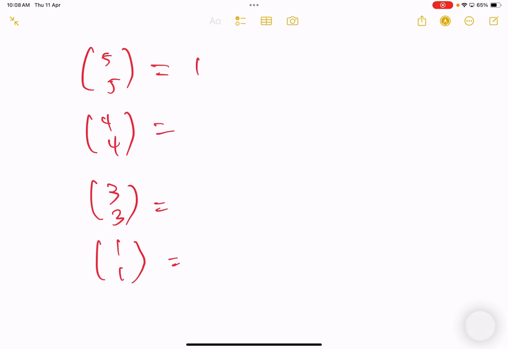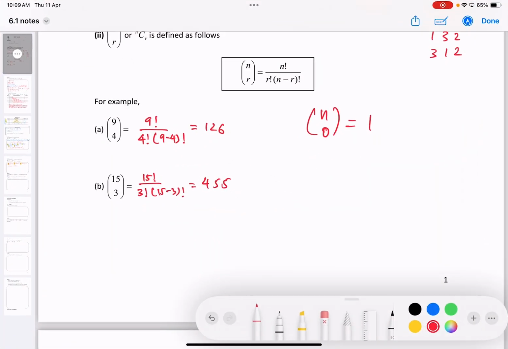Why? Because let's say you have 5 numbers, what is the number of ways you choose all 5? Only one way. So here, n choose n will also be 1.